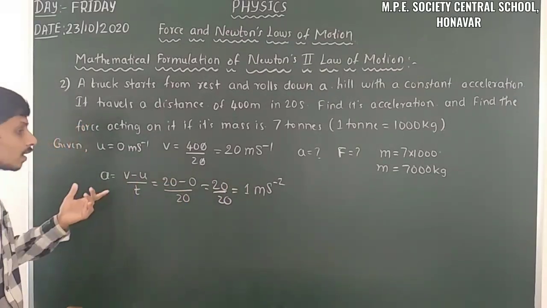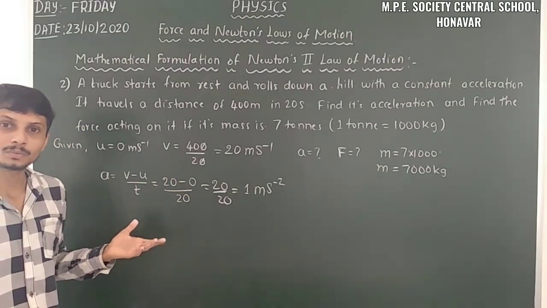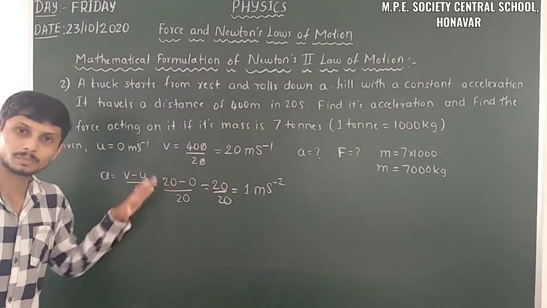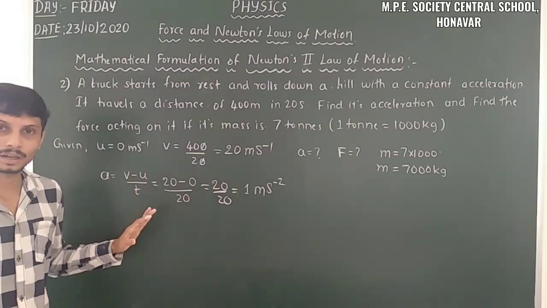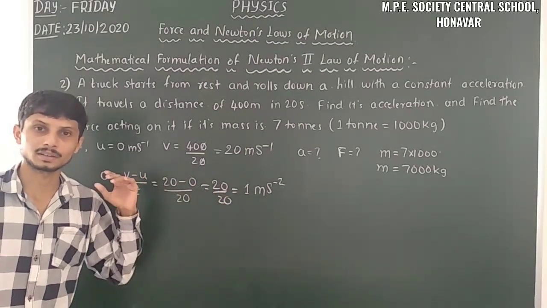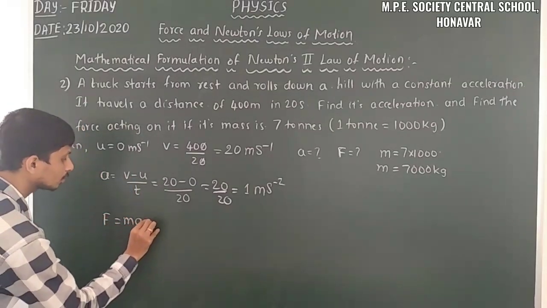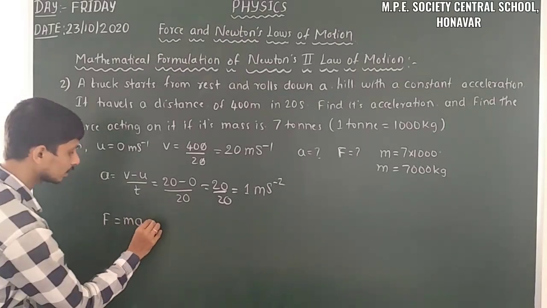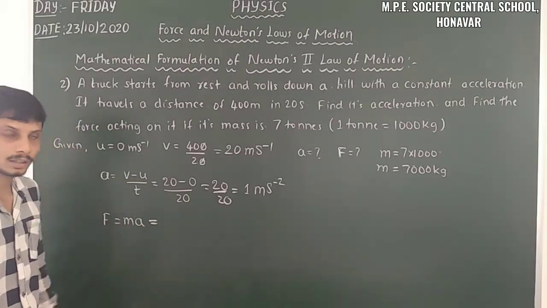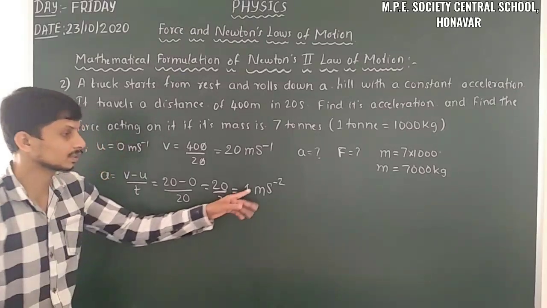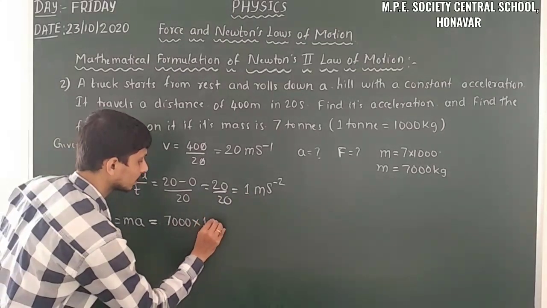Yes. So after that we have to calculate force. Here we know that acceleration is 1 meter per second square. So here I will write one after another. Then F is equal to MA. Substitute all the values: 7000 kg, and here it is 1 meter per second square.